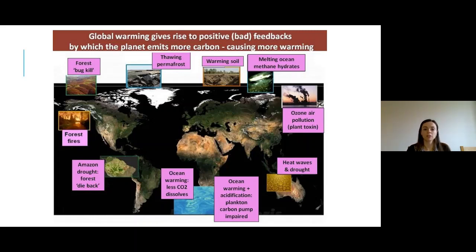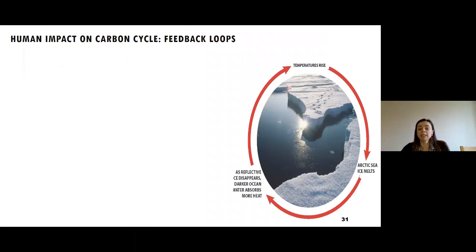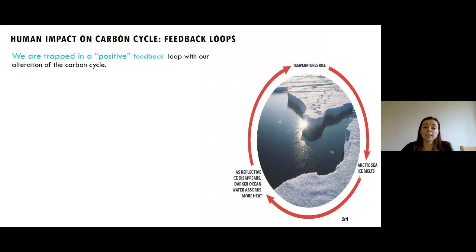Okay? So, for example, forest bug kill, forest fires, Amazon dieback, ocean warming, thawing permafrost, etc. Okay, human impact on the carbon cycle feedback loop. We are trapped in a positive feedback loop with our alteration of the carbon cycle through burning fossil fuels, deforestation.